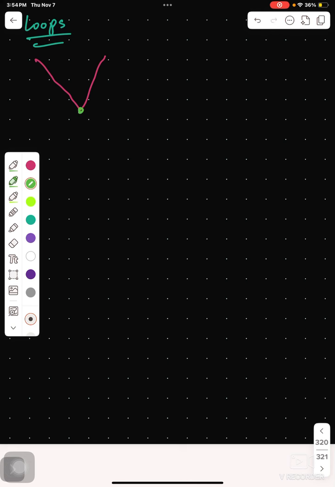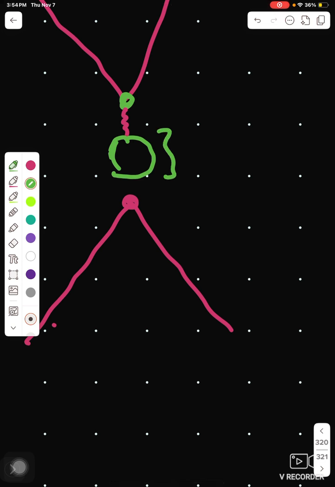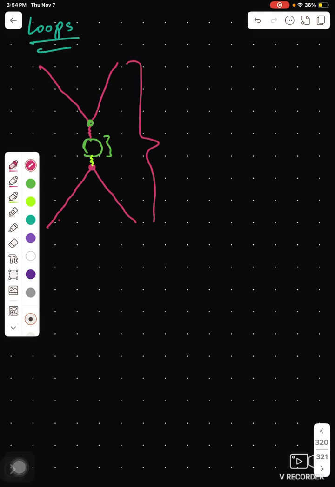What do I mean by loops? Let's suppose we have one scenario in which the photon is emitted. For a certain time, it creates a loop of antiparticle and particle and then re-emits. This is one loop.